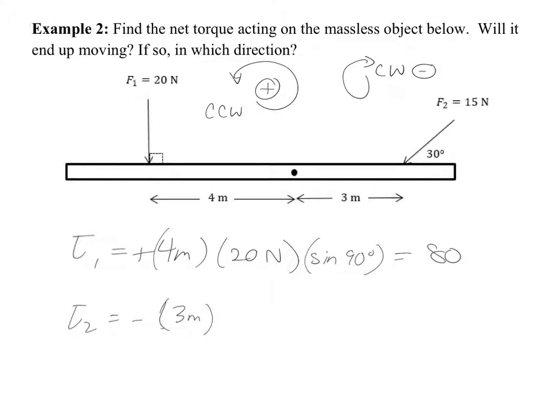So this negative sign has nothing to do with the R value. Is that clear? R is the distance from the fulcrum to where the force is applied. It's a distance, it's a positive value. R is not negative at all, ever. R is always positive.